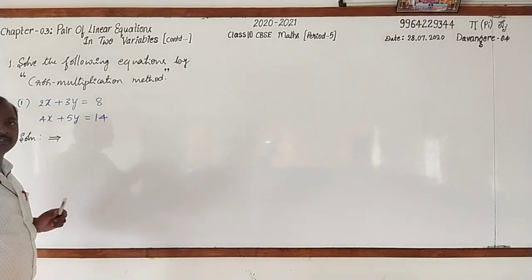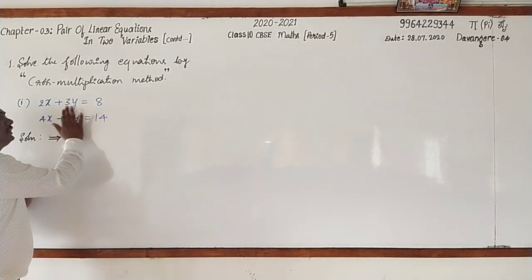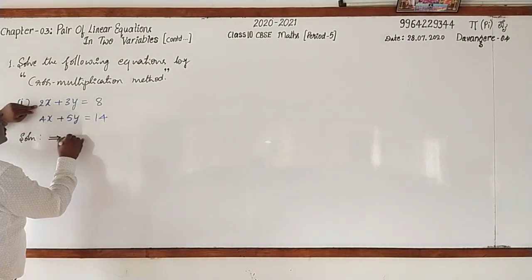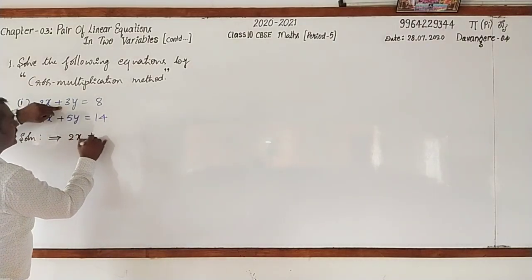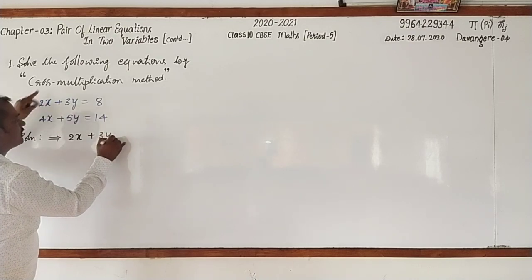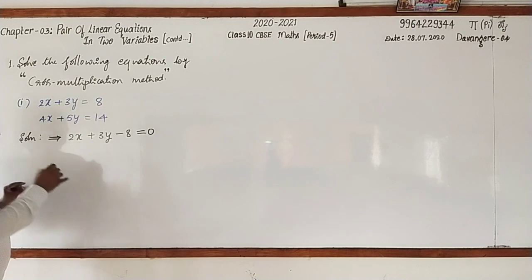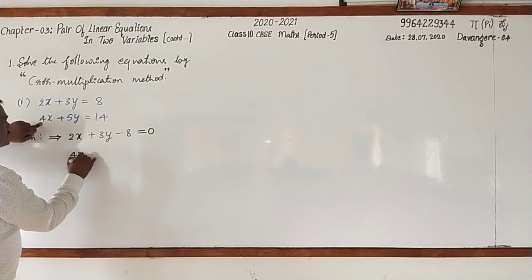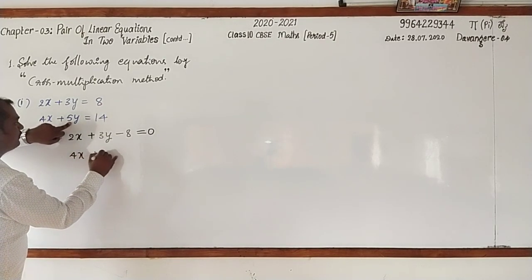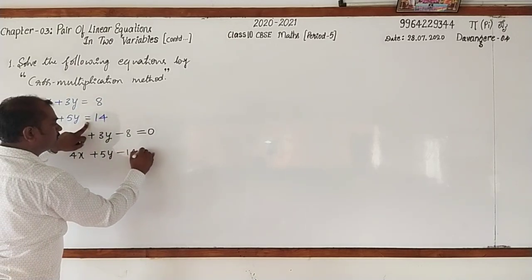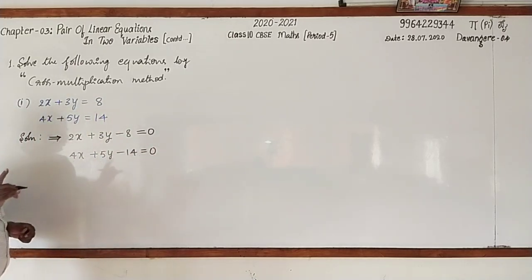The very first step is to write the given equations in standard form. This is 2x plus 3y, transfer 8 to the left hand side, minus 8 equal to 0. Next, 4x plus 5y, transfer 14 to the left hand side, minus 14 equal to 0.